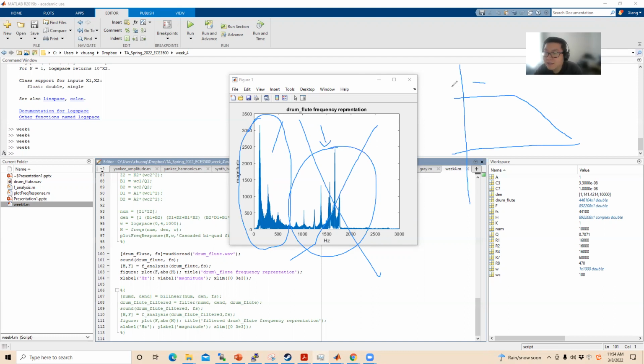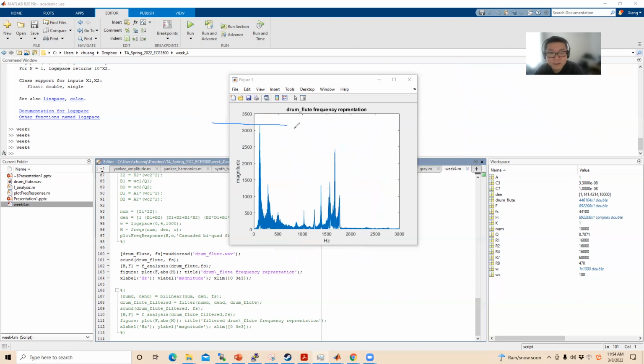You can see at this range of frequencies the magnitude is constant, but for this range the magnitude decreases to a certain level. The ideal filter should maintain this part and remove this part.